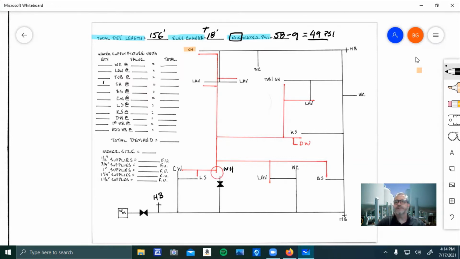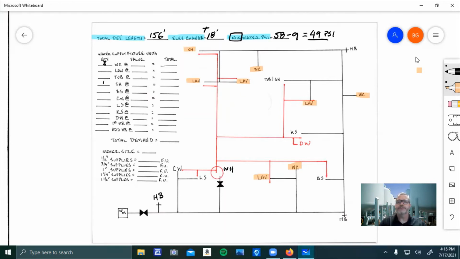How many water closets do we have? We have 1, 2, 3. 3 water closets. How many lavs do I have? 1, 2, 3, 4. Any other lavs? No, that's it.